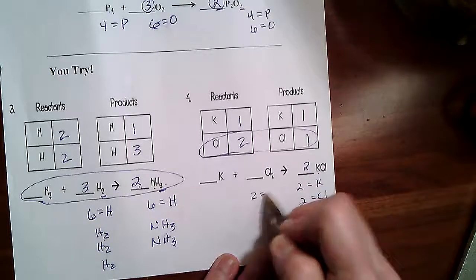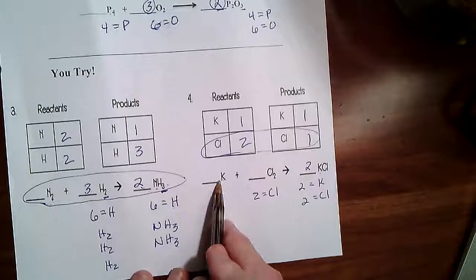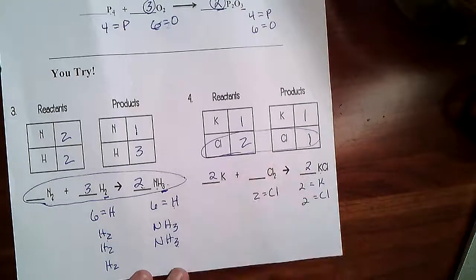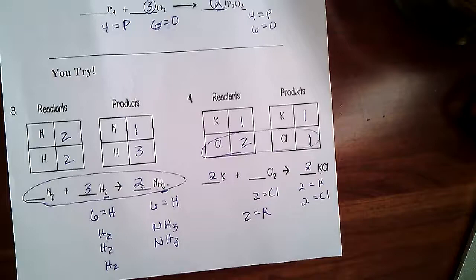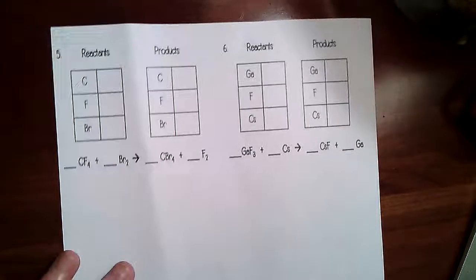I've got 2 chlorine going in and I've only got 1 potassium, so I'm going to put a big 2 in front of that. And that will allow me to have my equation balanced. Okay? All right, now let's try our last couple problems here. They look kind of scary, but they're actually pretty easy to balance.